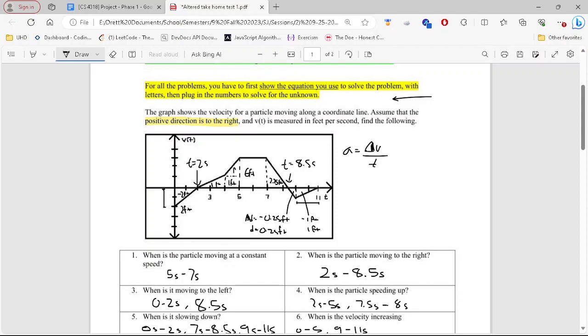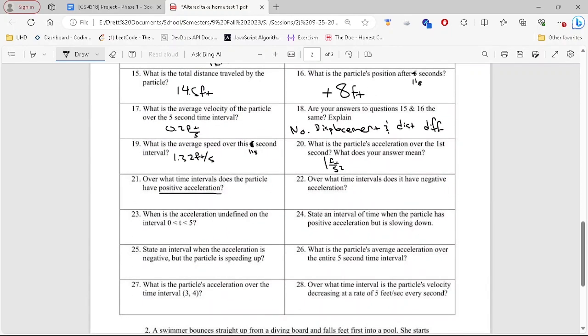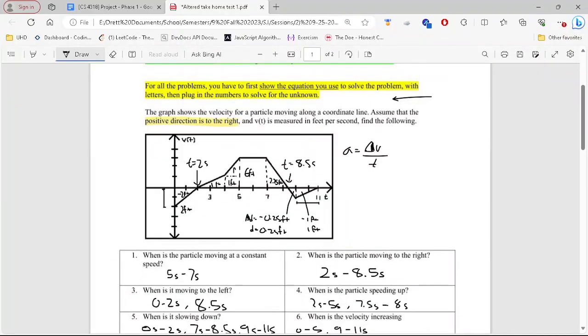As time changes, the time will never be negative. And if we're looking for when this is going to be positive, the only times in which this is unsatisfied is when the change in velocity is equal to 0, or the change in velocity is negative, because time will always be positive.